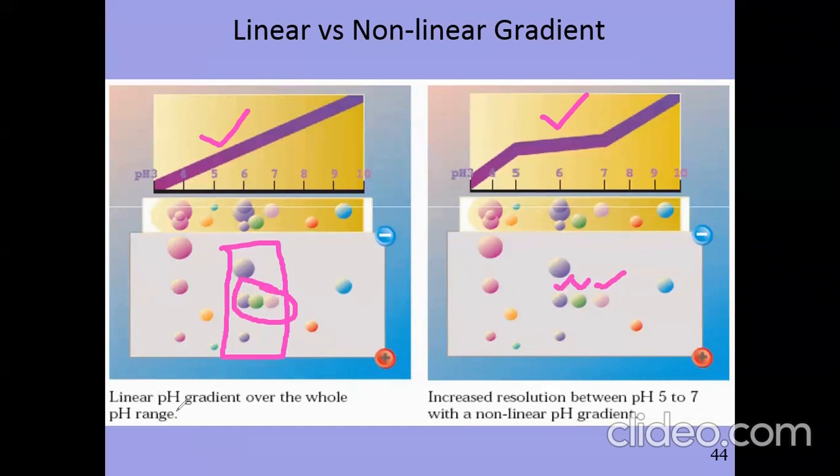This is a linear pH gradient over the whole pH range, and this is the increased resolution between pH 5 to 7 with the non-linear pH gradient. So the resolution will be improved with this non-linear gradient.